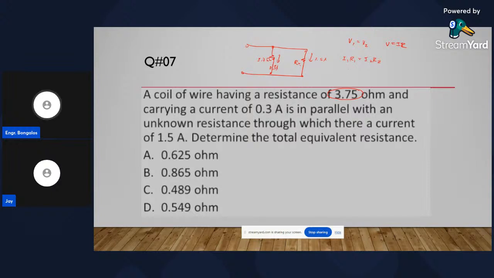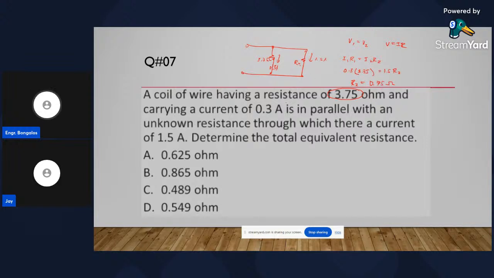Ano ba yung I1 natin? 0.3. Then, yung R1 natin is 3.7. Then, yung I2 naman natin is 1.5. Then, yung R2 natin is unknown. So, compute lang natin yung R2. Using shift solve, R2 is equal to 0.74.